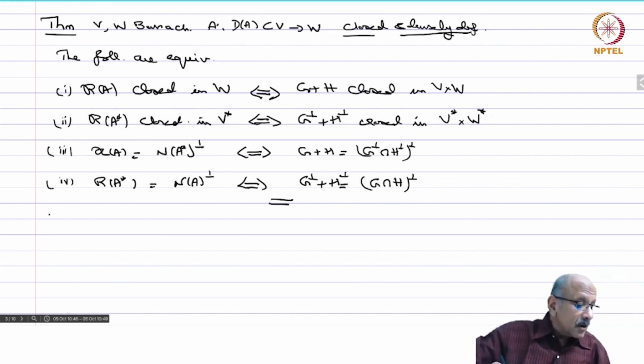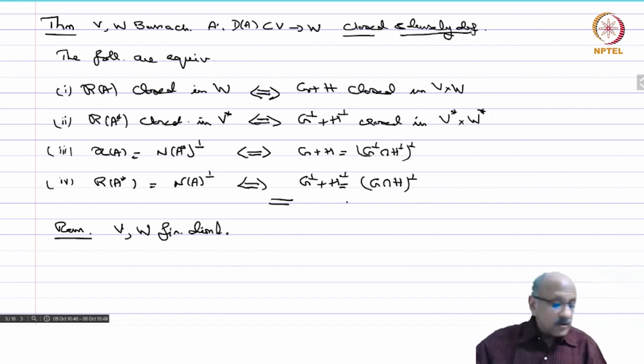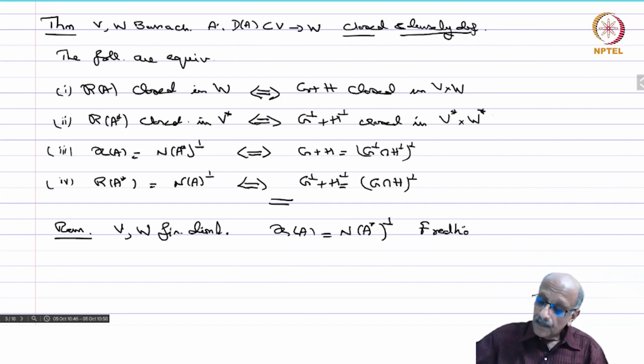In particular, remark again, suppose V, W finite dimensional, then all operators are continuous linear operators, all subspaces are closed, and so we have that the range of A equals null space of A star perp. This is called the usual Fredholm alternative.